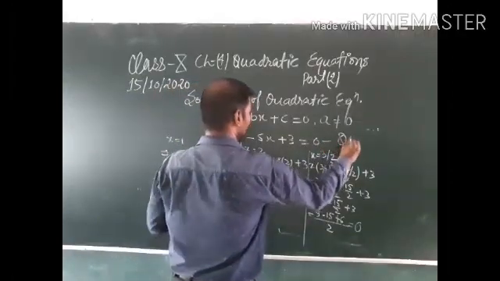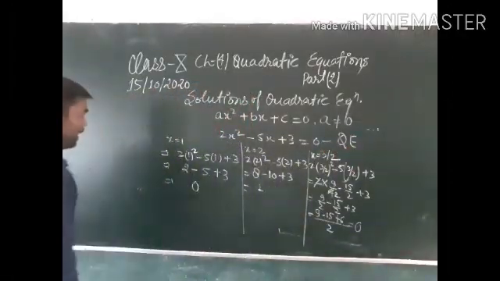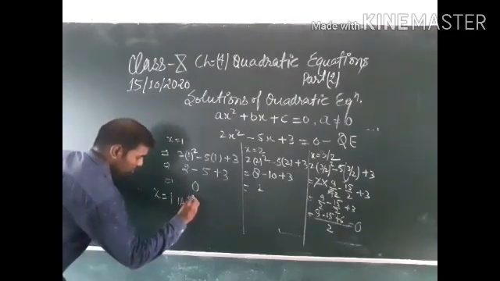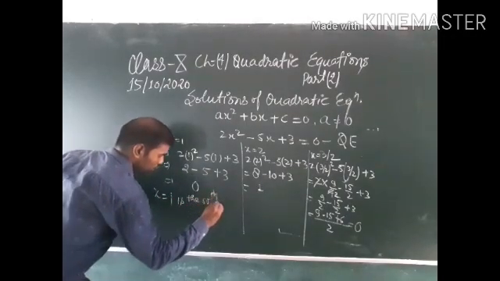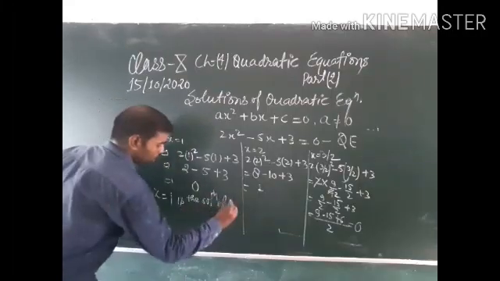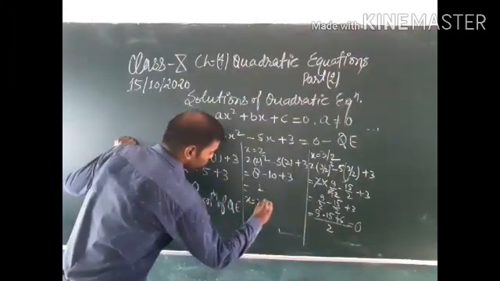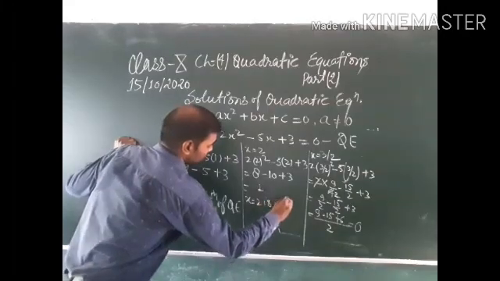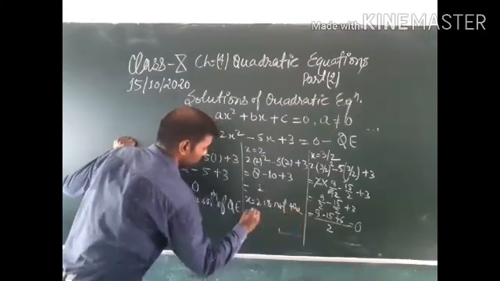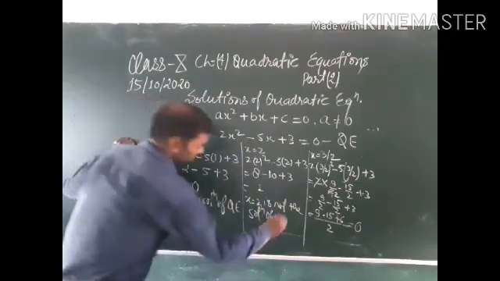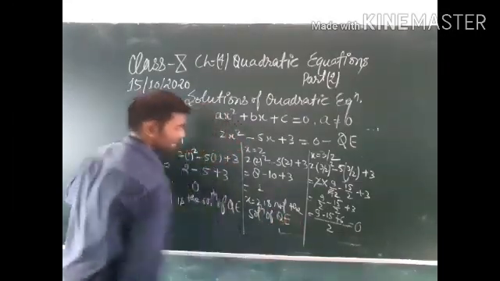So we see x is equal to 1 is a solution of the given quadratic equation, x is equal to 2 is not a solution, and x is equal to 3 by 2 is also a solution. You can write that x is equal to 1 is a root of the quadratic equation. Solution and root are the same thing. So we can say x is equal to 1 is the solution, and also the root, of the given quadratic equation.